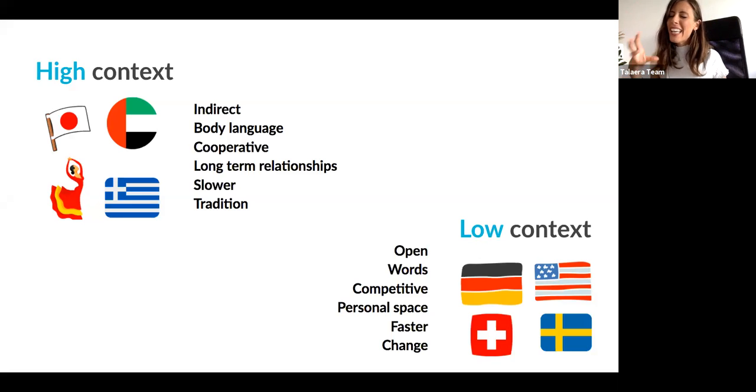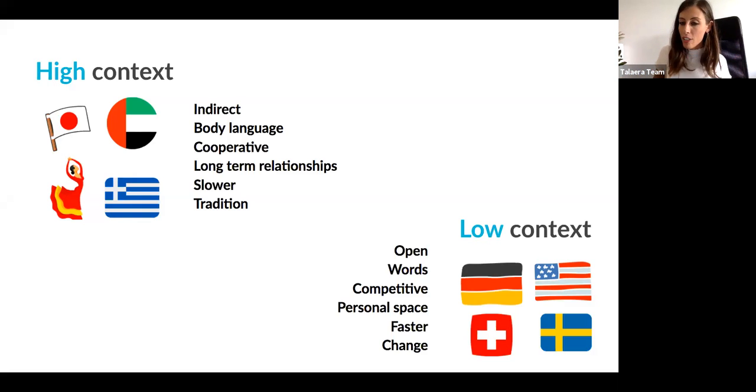And even though at the beginning it might be a bit difficult to get to know the people, once you actually have a relationship with someone, whether it's business or friendship, it tends to last for a long time. But then negotiations are slower, people give a lot of explanations, and they tend to be more rooted in tradition.